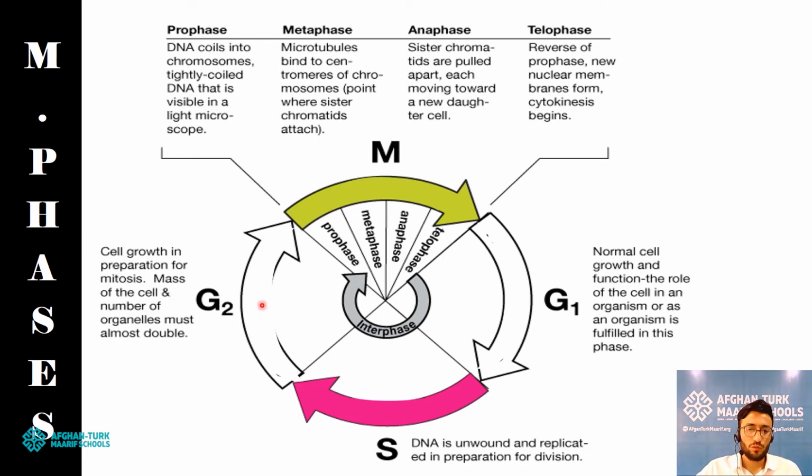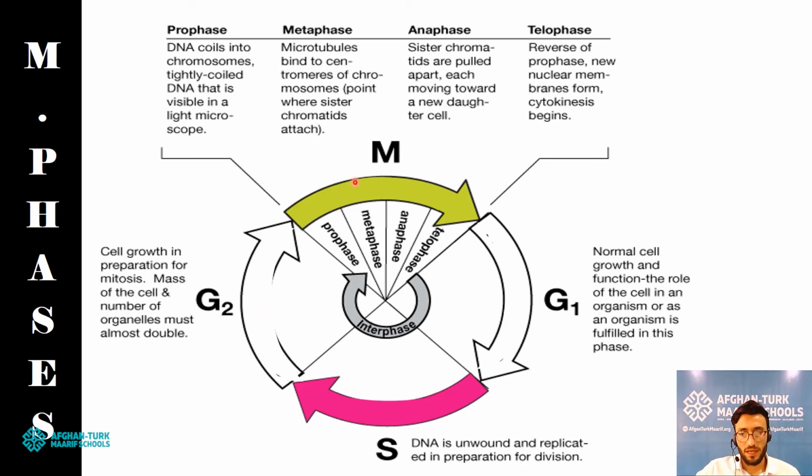In G2, all processes of the cell cycle are checked once again in order to stop the cell cycle if it has any kind of damage. So G2 is mainly known as the checkpoint of the cell cycle.